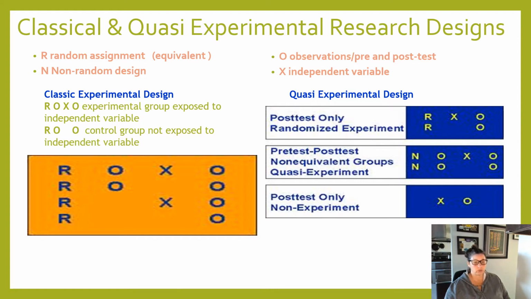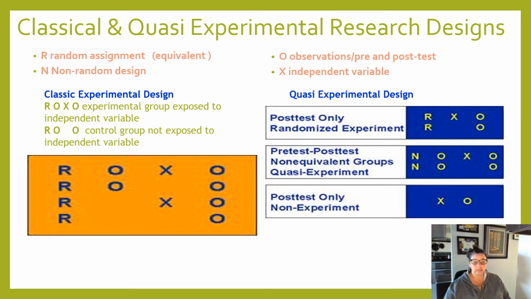It has 4 groups. You have random assignment into all 4 groups. Now, the more random an assignment is into groups, the more generalizable you are. So the more you can generalize from your sample, which are these groups, to your target population. Remember, samples, target population, and population.